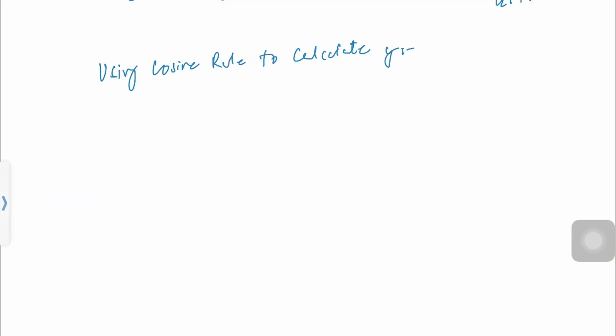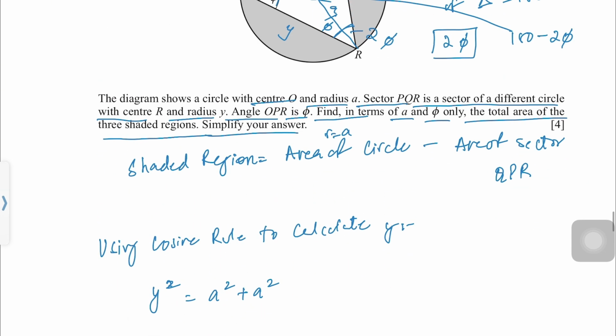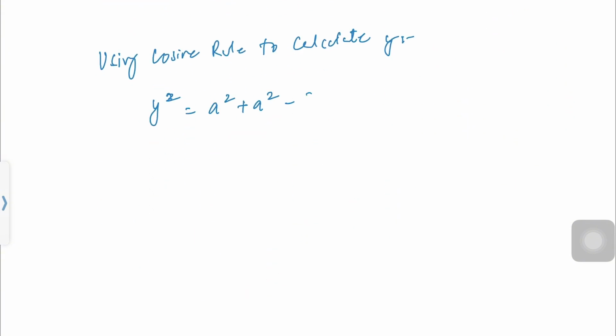So that would be y squared equal to a squared plus a squared, we are using cosine rule here, minus 2 a squared cos of pi minus 2 phi. 180 can be written as pi, since we are using radian measure, so we'll be using this.